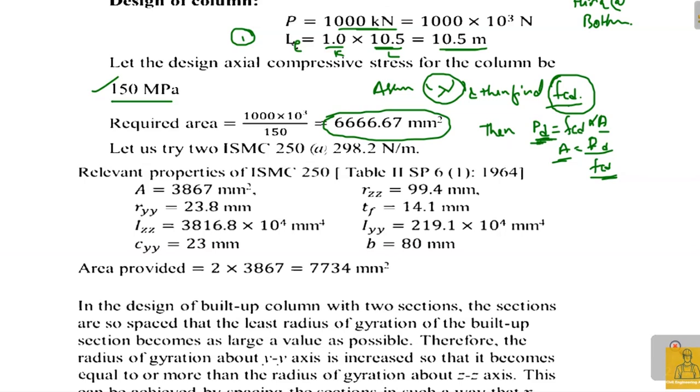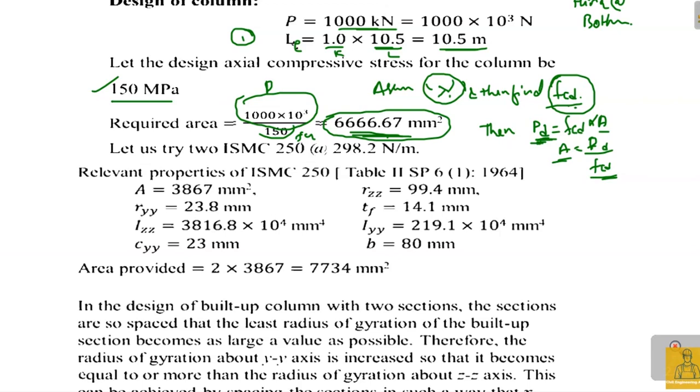So instead of assuming lambda, I have assumed FCD, no problem. So you know that P is equals to FCD into area. So area is nothing but P divided by FCD. So you got this area. This is the minimum area that is required by the built up section.